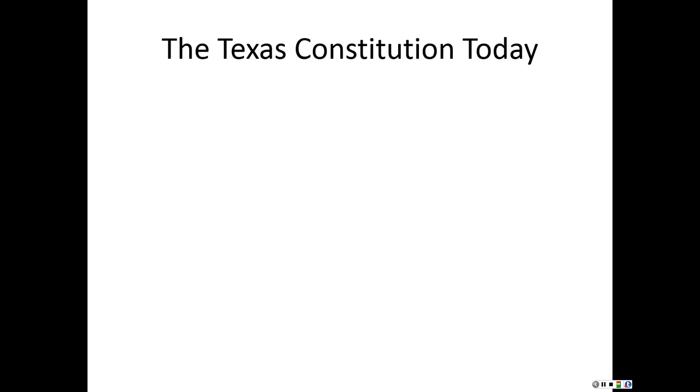So let's look at the Constitution of 1876, or in other words, our current Constitution. We have a preamble. It is very brief and invokes the blessings of Almighty God. Article 1, we have a Bill of Rights.